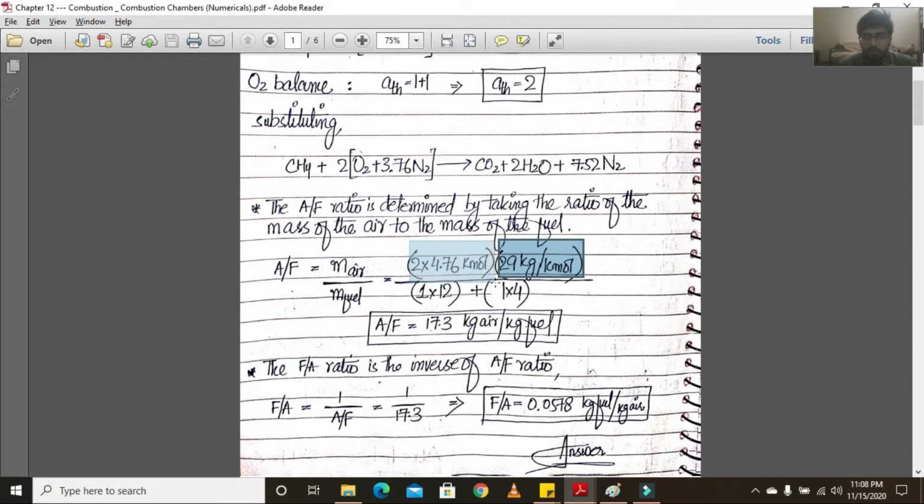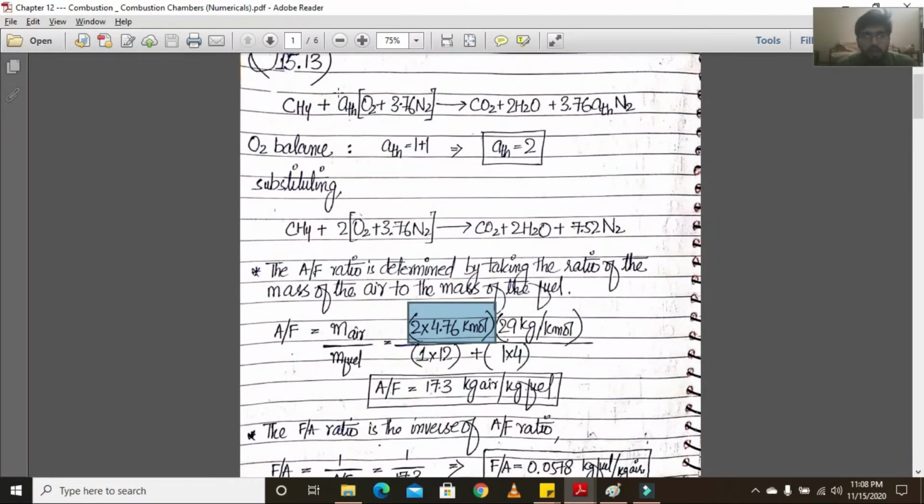And here you can see that in the number of moles, I basically had this ATH, and how many molecules of gases are present in air. So it is basically 1 mole of oxygen and 3.76 moles of nitrogen.